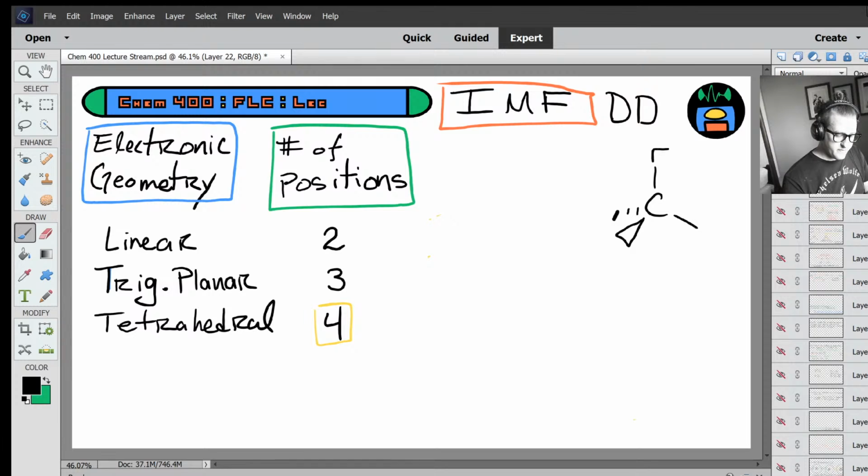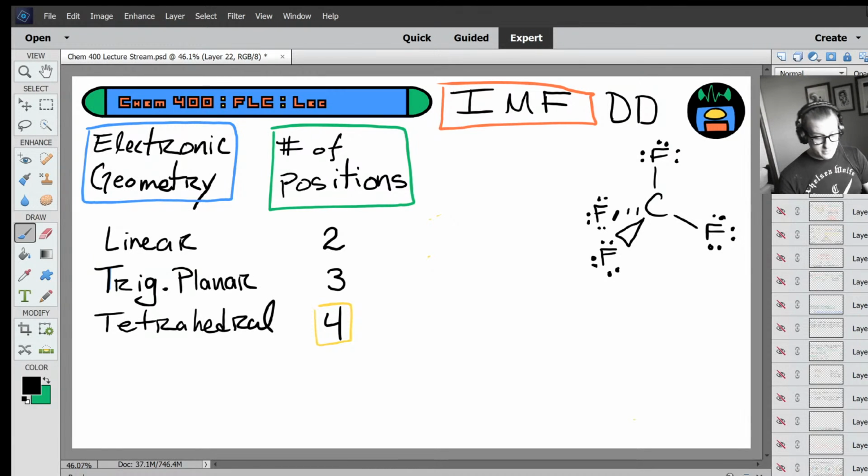Now, carbon and fluorine definitely make polar bonds. Carbon's 2.5, fluorine's 4.0. Yeah, Kate, anytime. So these bonds have electronegativity differences of 1.5, right?